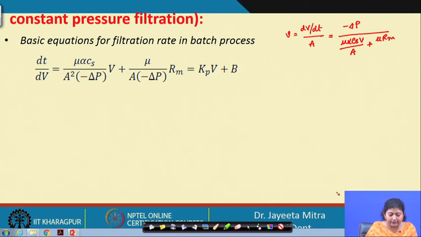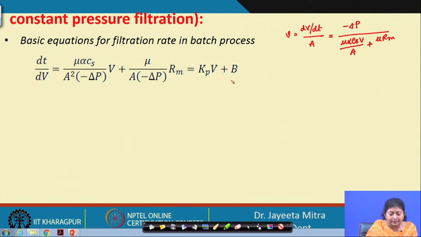Now, what we did here is that we reversed this equation and took A to this side, so it has become A square into delta P. This A and this A are coming with this delta P. So, we are getting A square into minus delta P into V plus mu into Rm divided by A into delta P. So, we reversed this equation in terms of dt by dV and took this A to the other side, and finally we got this equation: dt by dV is equal to mu alpha Cs by A square minus delta P into V plus mu divided by A into minus delta P into Rm.